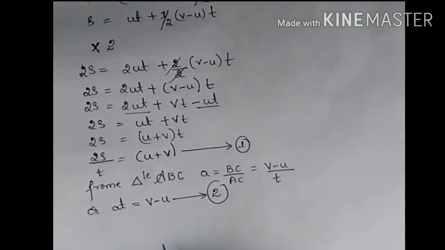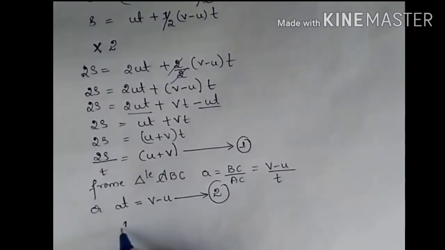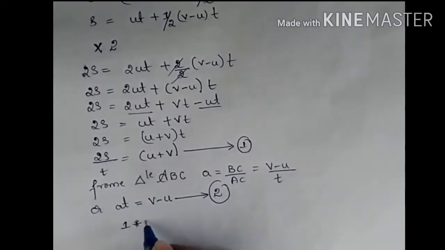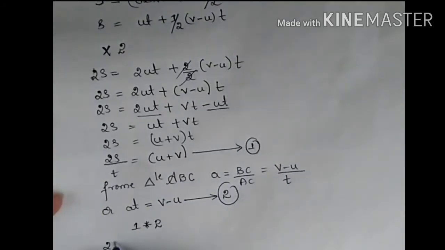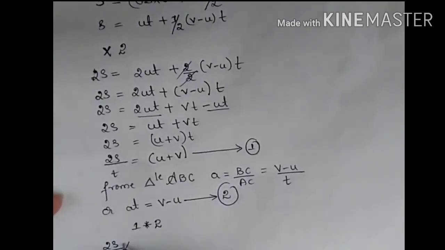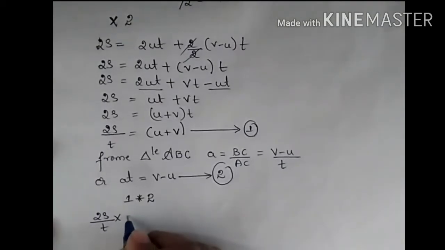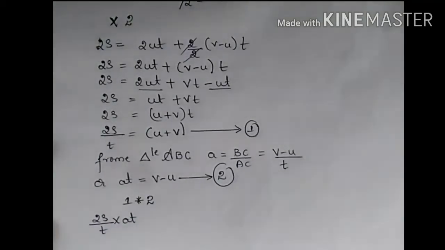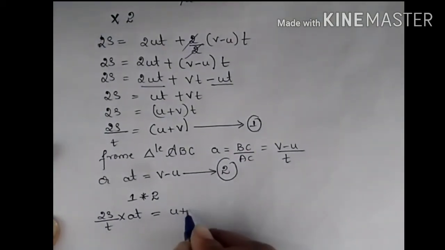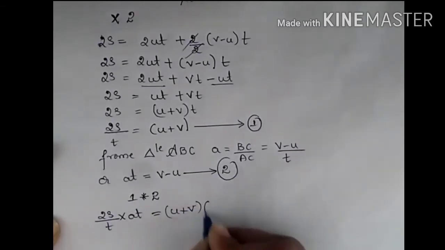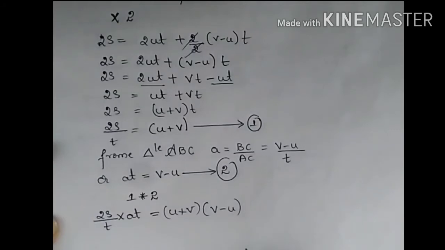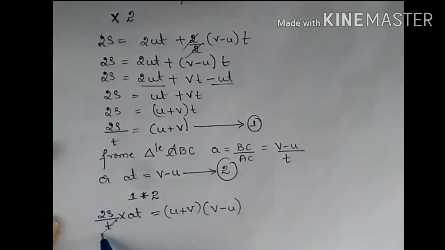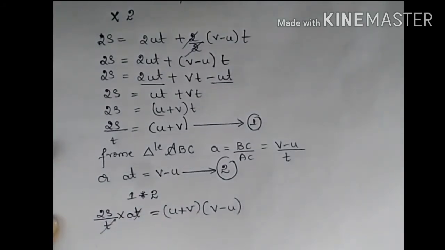Multiply equation 1 with equation 2. What will happen? 2S by t will get multiplied with at, and u plus v will get multiplied with v minus u. So this is the equation. Now here t will get cancelled.